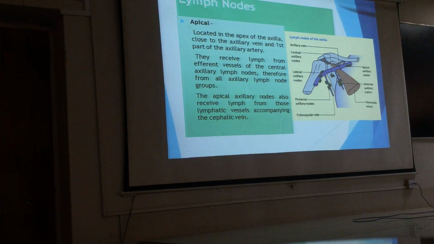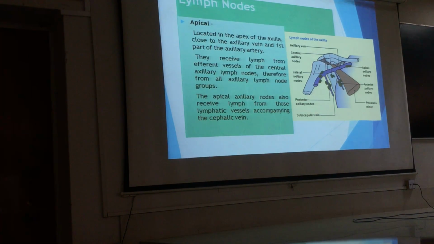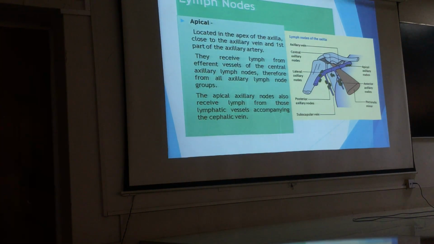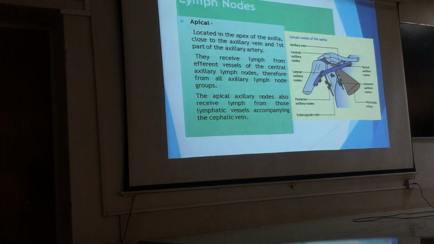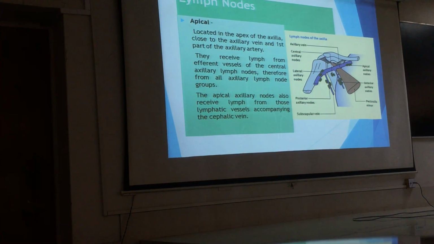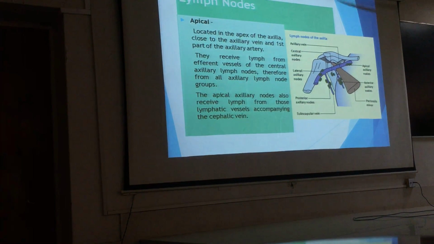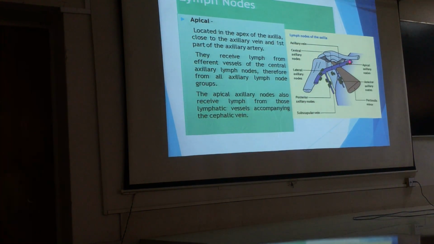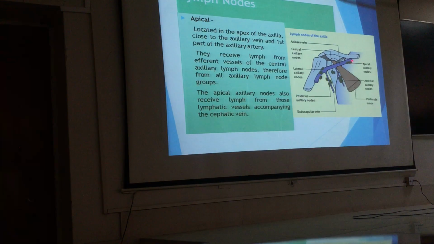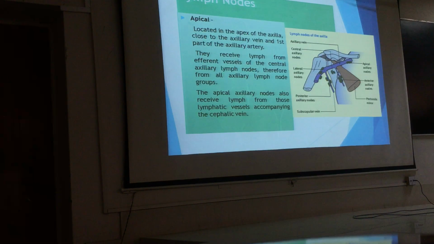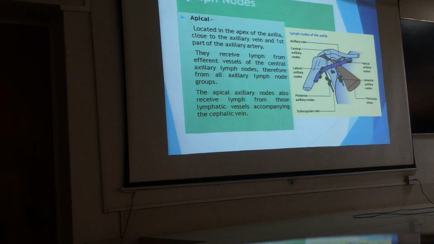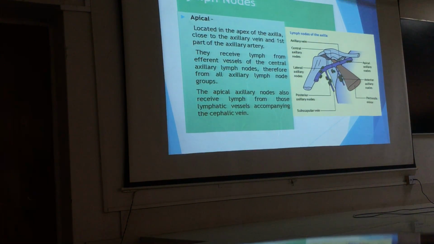Again, at that point there will be the axillary vein, which was the medial-most structure present in it over there. And so this apical lymph node will be present in close relation to the axillary vein, and this is almost lying on top of this axillary vein, and therefore it will be related to the first part of the axillary artery.